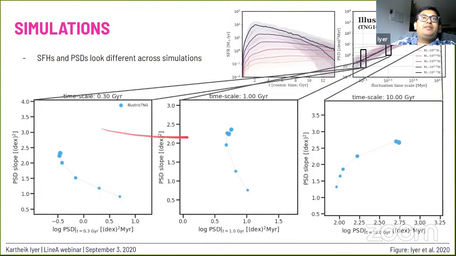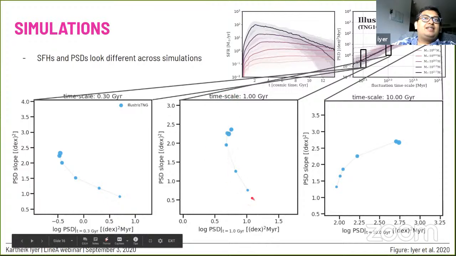So the three different plots here show you three different slices of these PSDs as a function of increasing stellar mass. So as the size of the dots increases, we are going up in stellar mass.